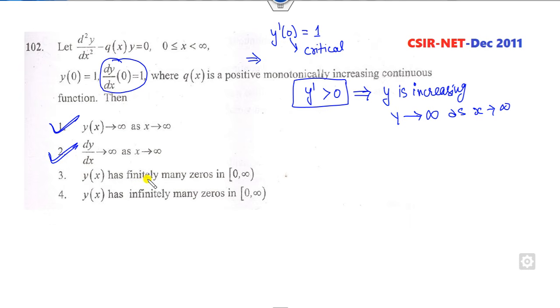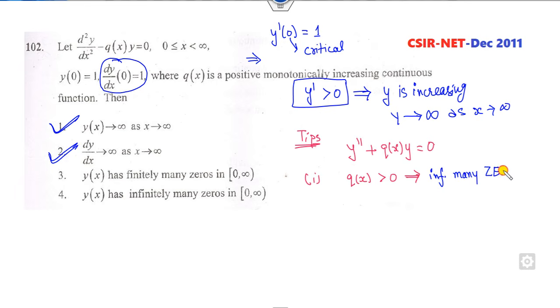Now whenever there is a condition of infinitely many, what is the tip for you? Remember, this is a very simple shortcut tip for you. You just remember this concept. Whenever there is a condition of y double dash here, then the first case, whenever q of x is greater than 0, then it has infinitely many zeros.